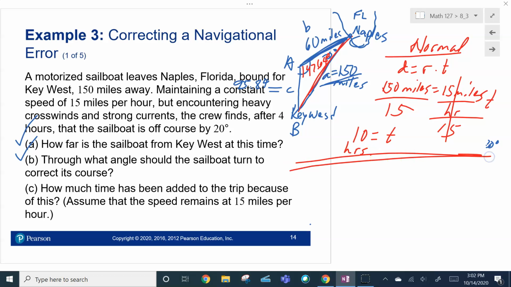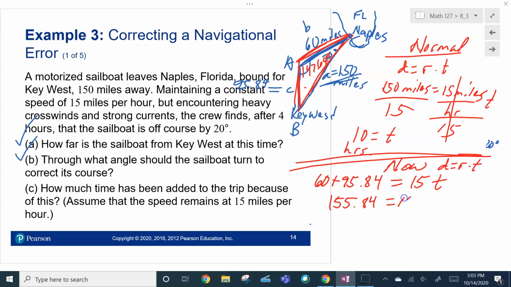But now the total distance equals rate times time. The total distance is we went 60 and then we went 95.84, so 60 plus 95.84 is our total miles. We're still going 15 miles per hour. So we have 155.84 equals 15t, divided by 15.